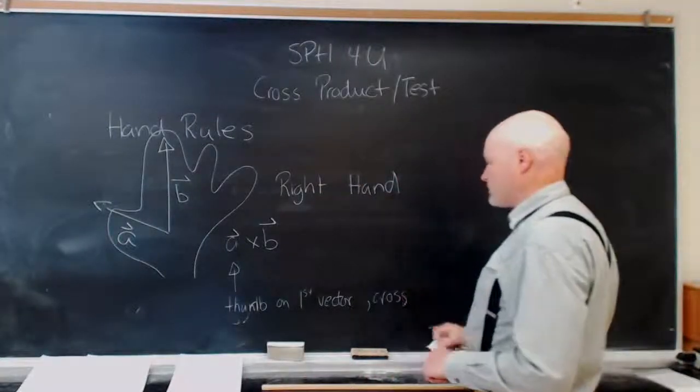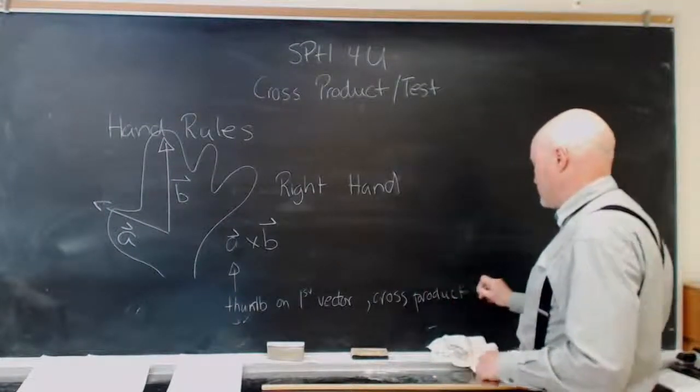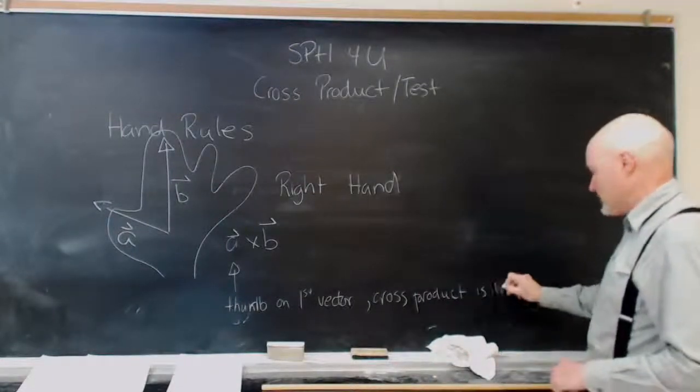So your thumb goes with the first vector, and the cross product is in the direction of your palm.